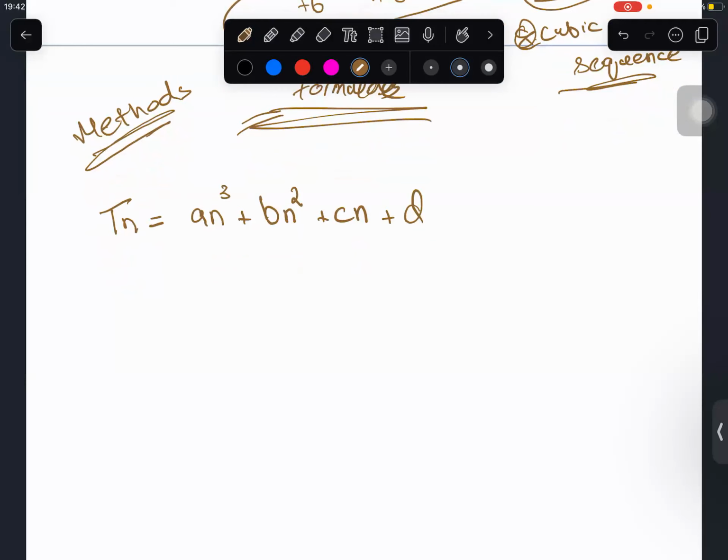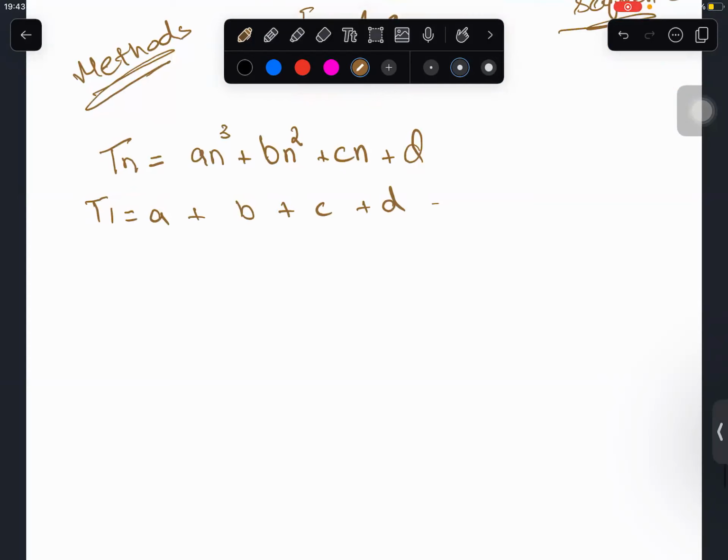The second one is a plus b plus c plus d is equal to d1. Then we have d1, which is equal to 7 times a plus 3 times b plus c.